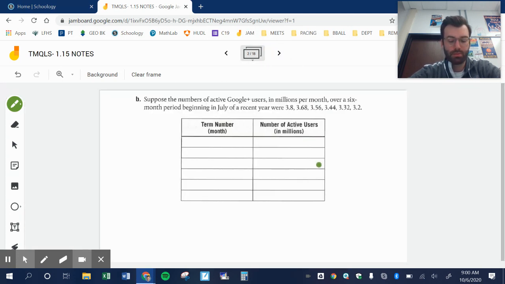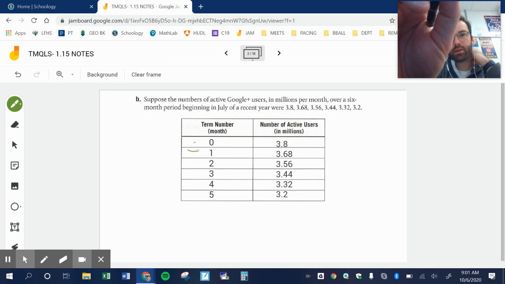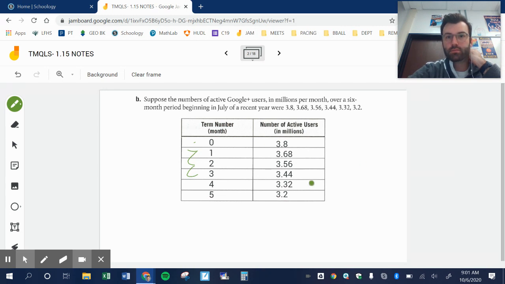Next one. Suppose the number of Google Plus users in millions per month over a 6-month period were as listed. I'm going to pause that and fill in my table here. We still see that increase of 1 on the left side in our months. Obviously my value is decreasing. Is it decreasing at a constant rate?